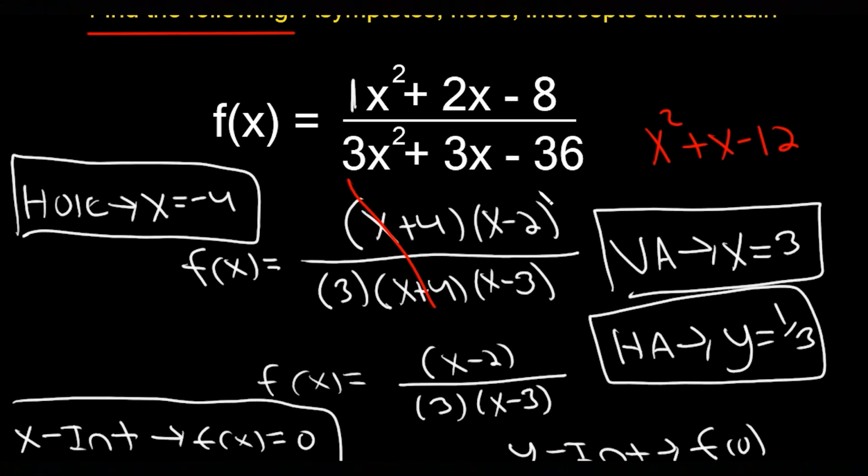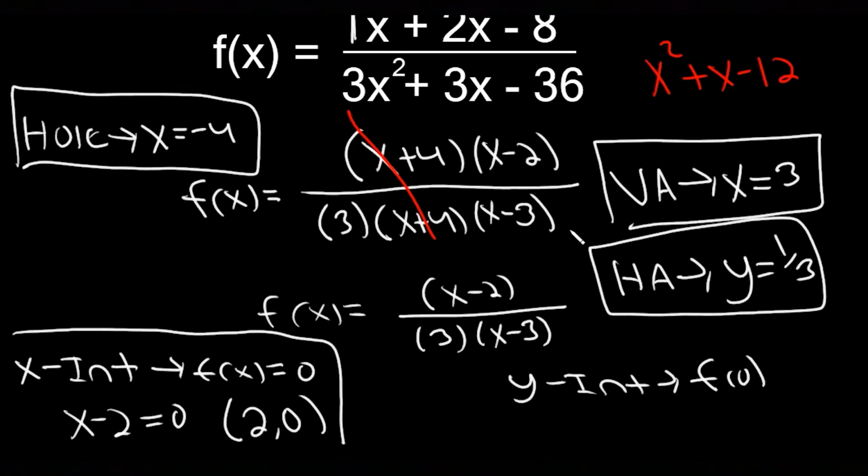And when you do this, you'll end up getting a +8 over 36. Okay, so that will be my y-intercept value. I'm going to go ahead and put here 8 over 36. And we can go ahead and reduce that down. We know that 4 will go into 8 2 times, and 4 will go into 36 9 times. So 2 over 9. So as a point, you can go ahead and write 0, 2 over 9. There is my y-intercept, okay?